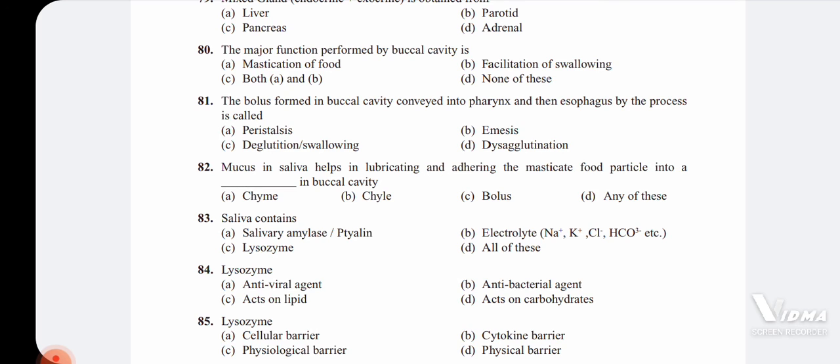It comes in immunity, but remember right now the lysozyme is a physiological barrier. Why physiological barrier? During the physiological activity like digestion, that saliva is being secreted, and then only that saliva will consist of an enzyme called lysozyme. Remaining questions I will be discussing in the next class.